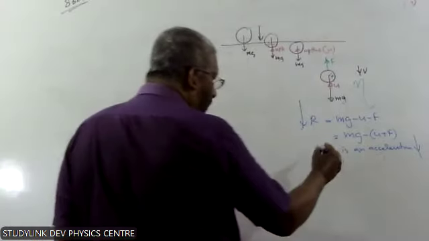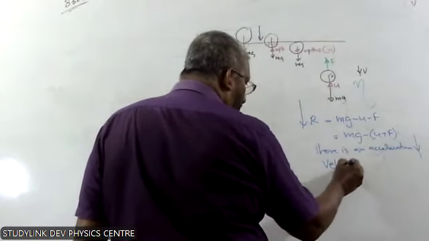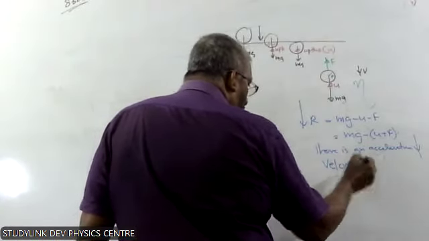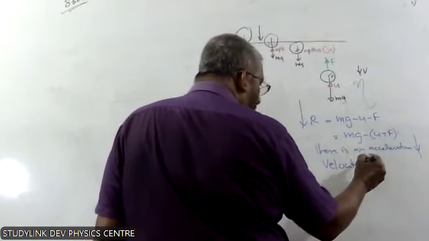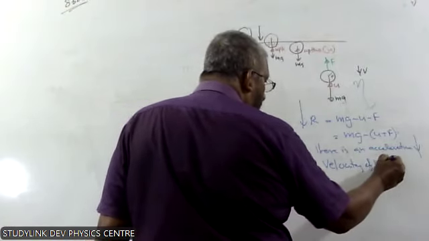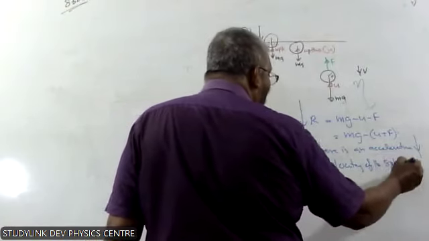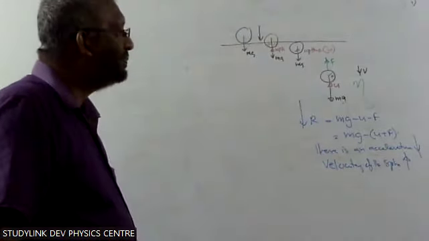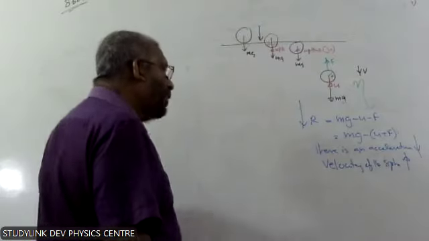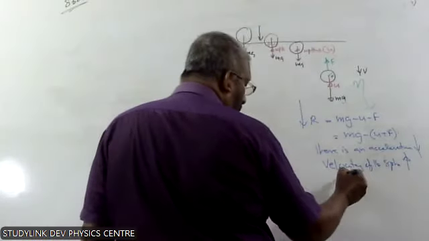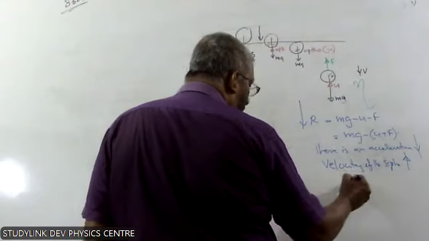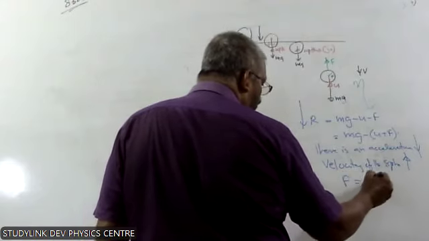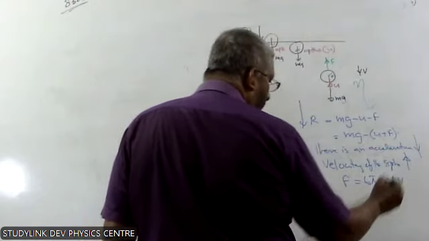So therefore, the velocity of the sphere increases since there is an acceleration. According to Stokes law, F is equal to 6 pi a eta v.